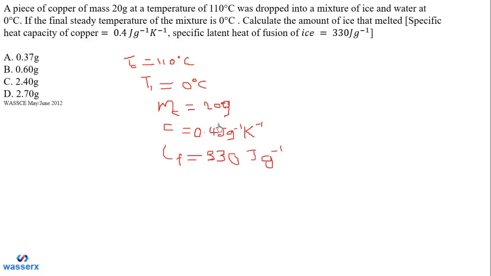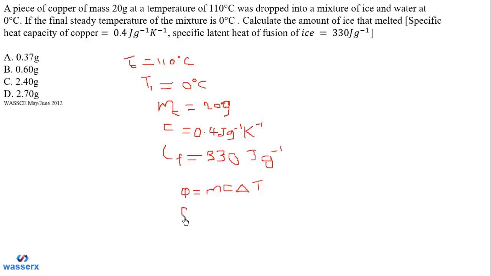Okay, so now let's see how we can calculate the heat loss by the copper. Heat loss by copper is given by Q is equal to the mass times the specific heat capacity of copper times the change in temperature. We know the change in temperature is 110, and the mass is 20 grams.